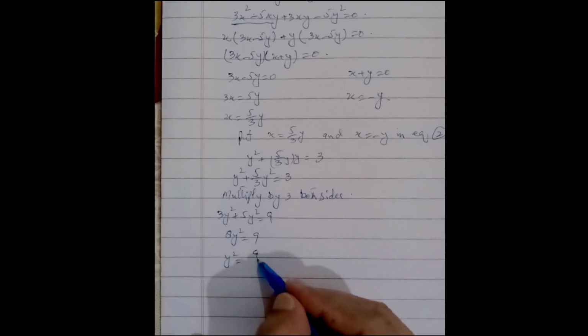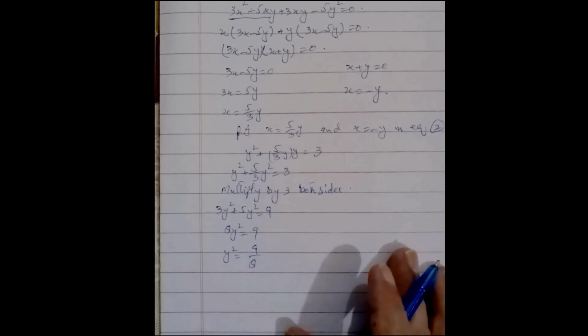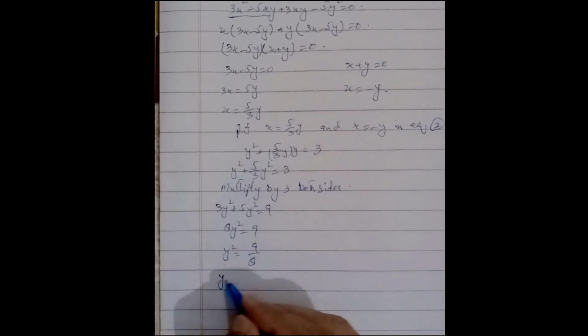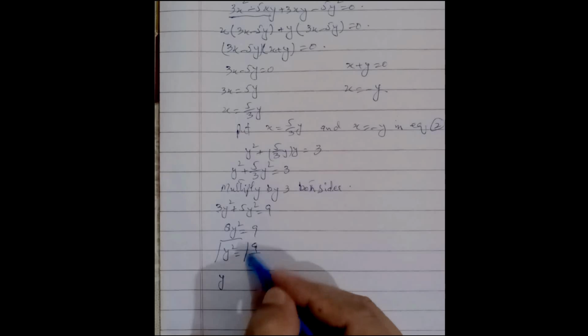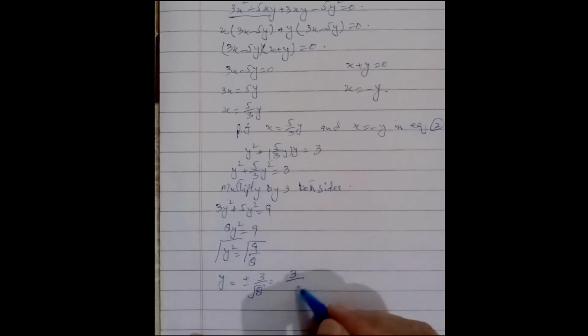And y square is equal to 9 over 8. And then we take the square root of y. We get plus minus 3 over 2 square root 2.